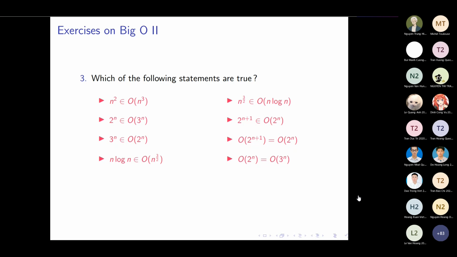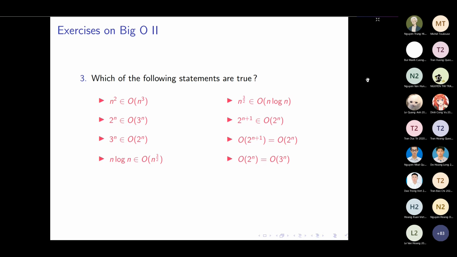Yeah, that's right. Huyền and Tiến got the correct answer. You can use that as a reference.